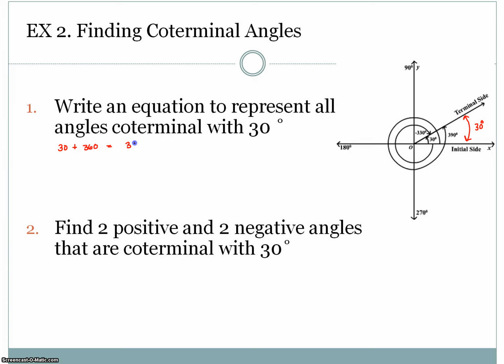So that would give me 390. I could have 30 degrees, or I could spin around twice. And that would give me 750. And I could have 30 degrees, and I could spin around 10 times.